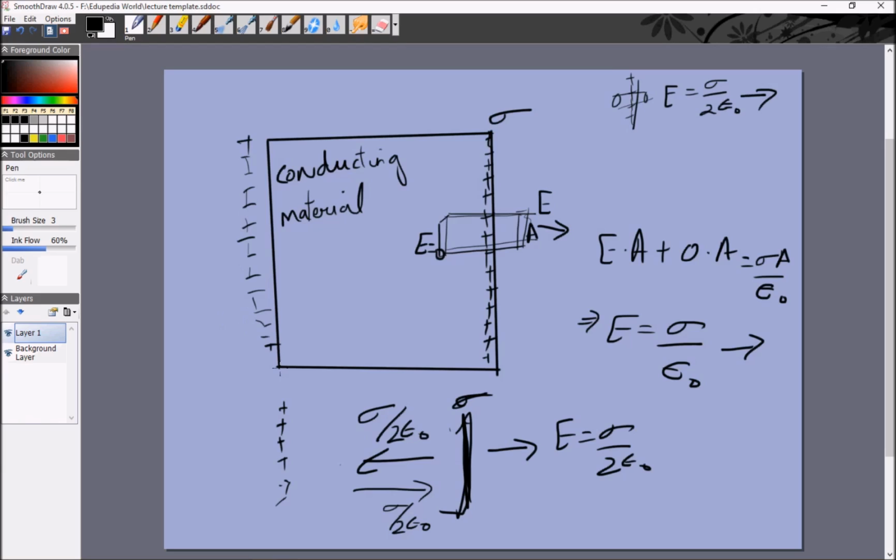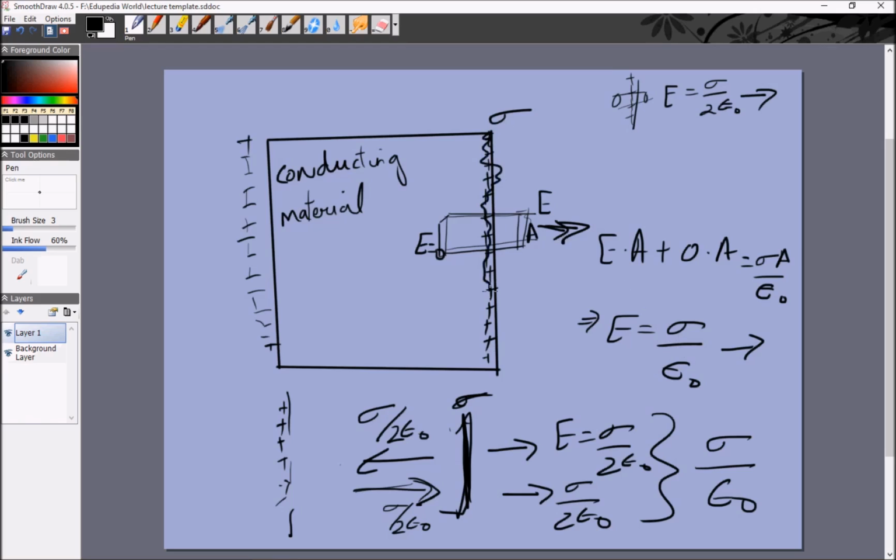And of course, if this particular sheet of charge has a field of sigma by 2 epsilon naught towards the right within the conductor, it also has a field of sigma by 2 epsilon naught towards the right outside the conductor, and these two sheets together give an electric field of sigma by epsilon naught, which is the electric field at this side. So the electric field just outside a conductor will be sigma by epsilon naught, but that is not the electric field by this particular charge sheet alone. It is by this plus other combinations of materials.